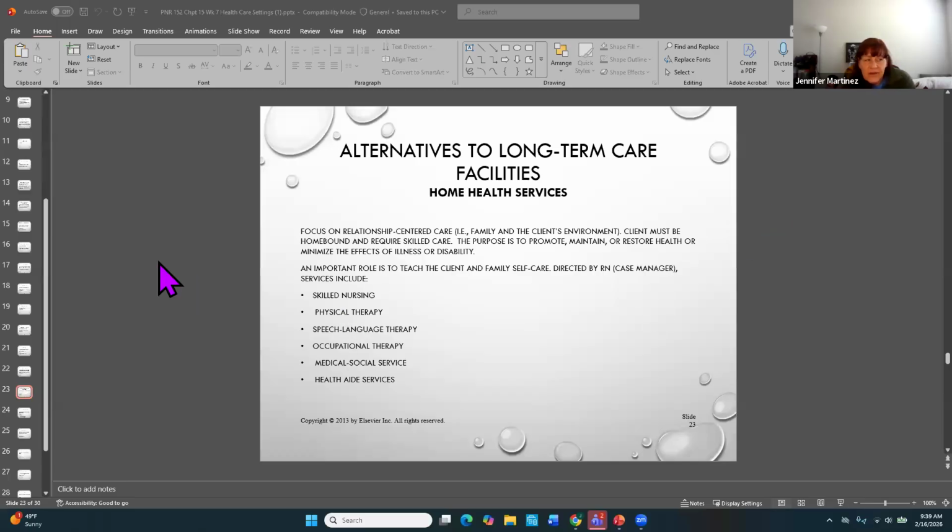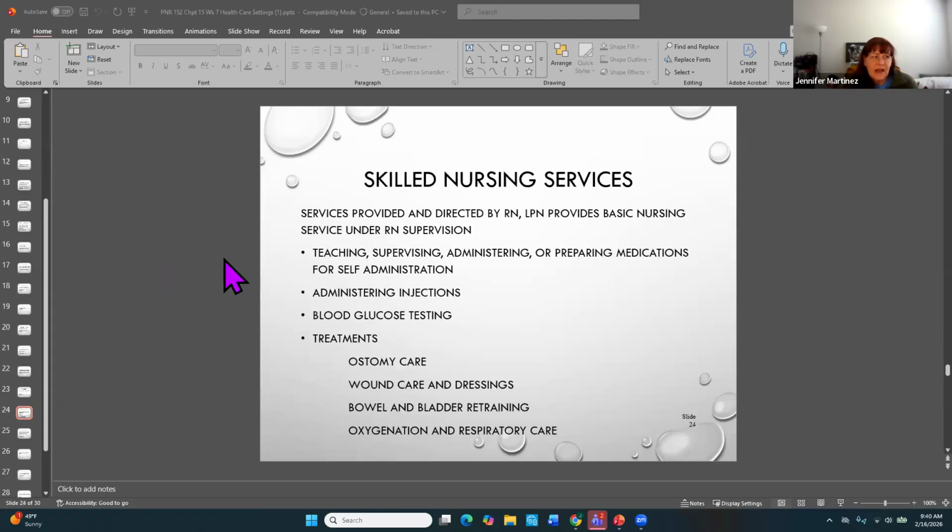Again, in order to qualify for home health services, they need to be considered homebound and they have to have a skilled need. So, again, here are some of those basic skilled nursing services that can be provided in a patient's home. IV medications, right? Depending on the situation, they can receive IV medications at home as well.